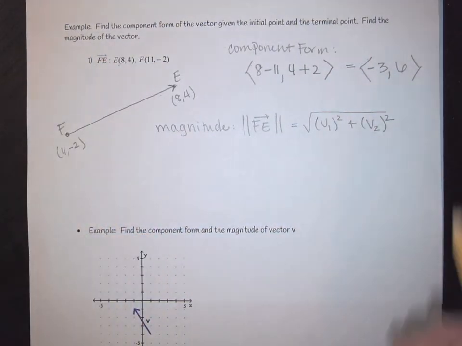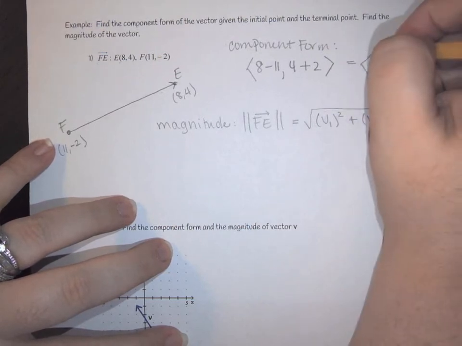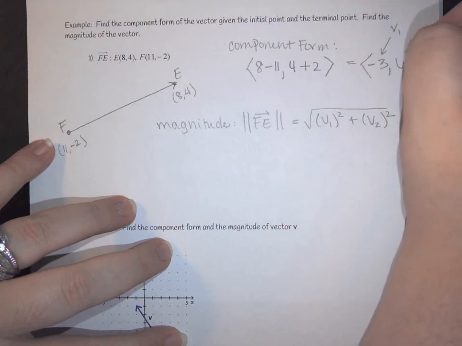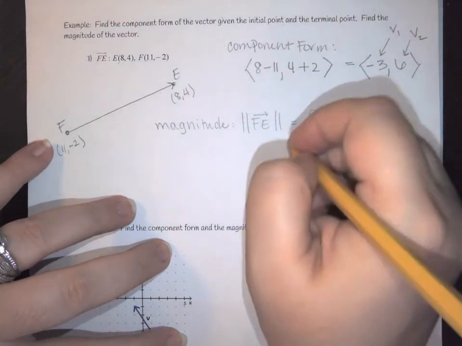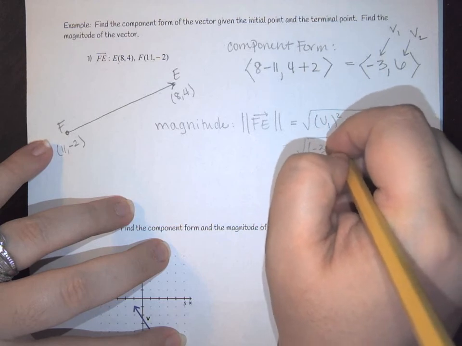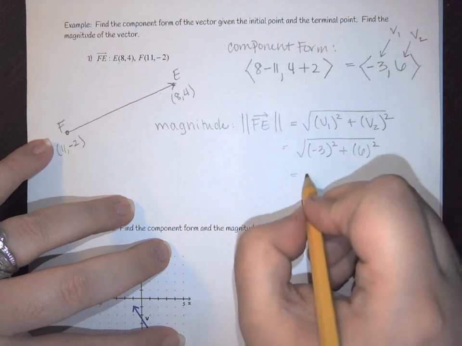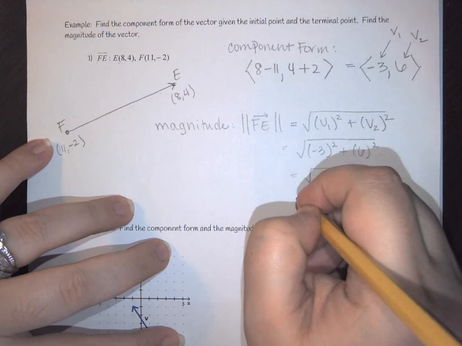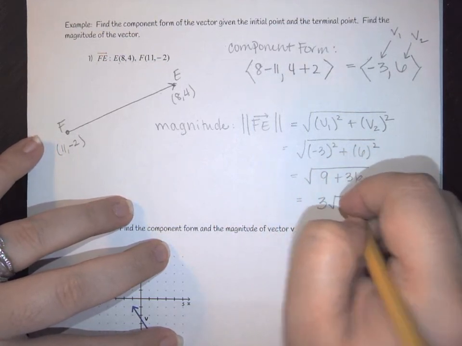We know this right here is my V1, and this one right here is V2. So this is the square root of -3 squared plus 6 squared, so the square root of 9 plus 36, which gives me 3 square roots of 5.